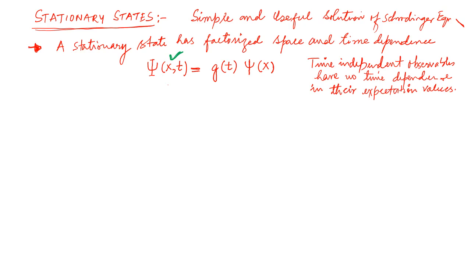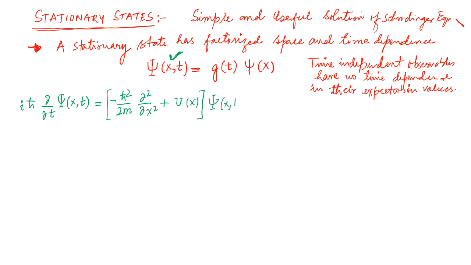If you remember, this is i h cross del by del t of psi(x,t) is equal to minus h square by 2m del square by del x square plus u(x), acting on psi(x,t).